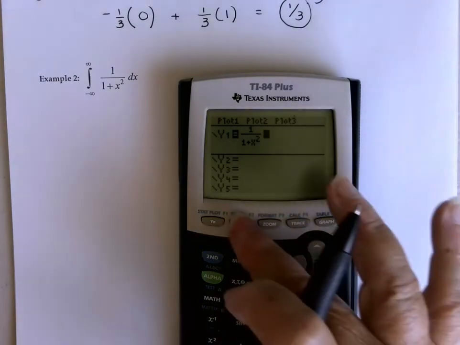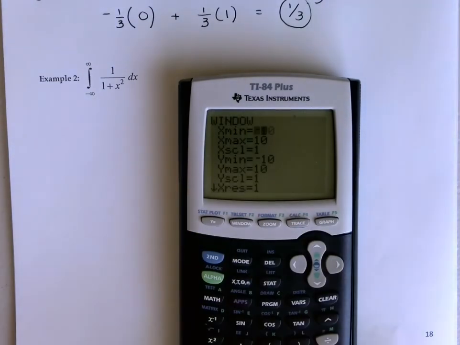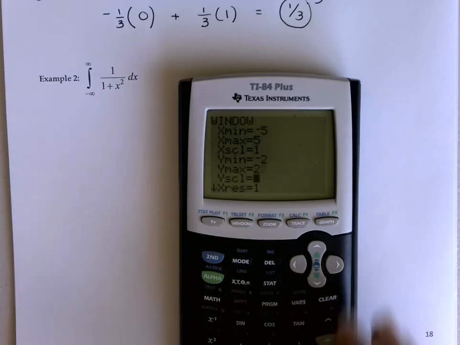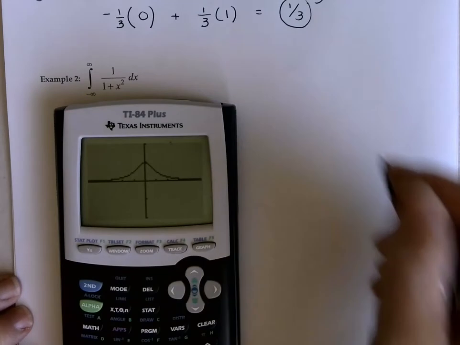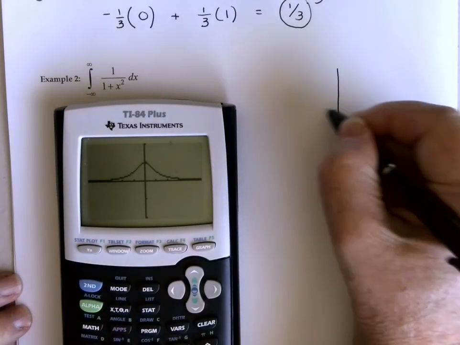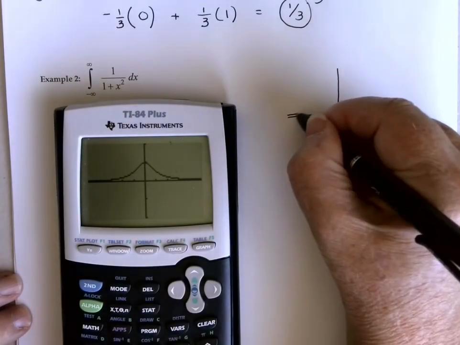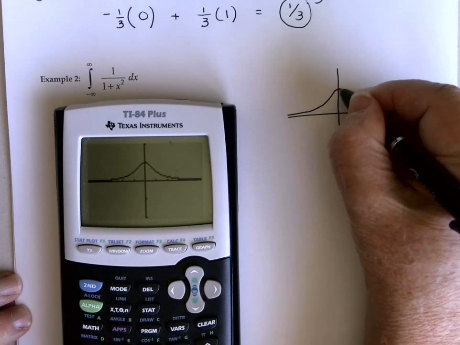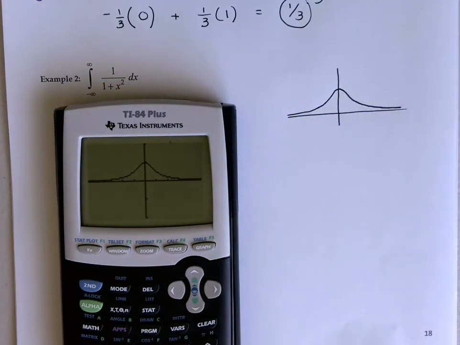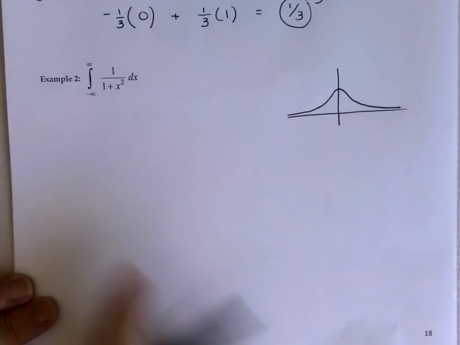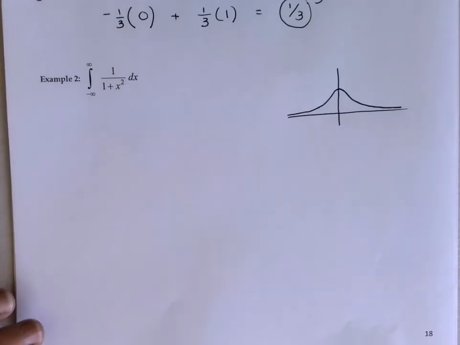And let me change my window just a little bit. I don't need it quite so big. There we go. And we can see what this looks like. And this time we want to go from negative infinity to infinity.